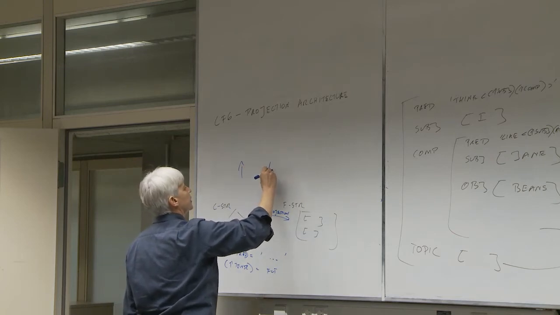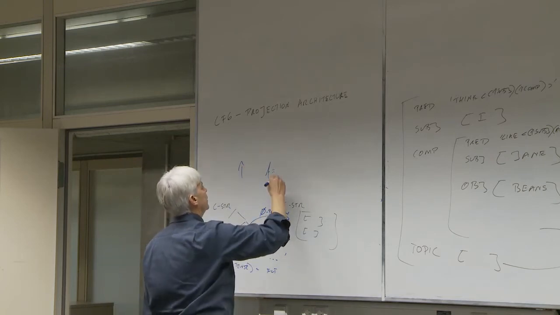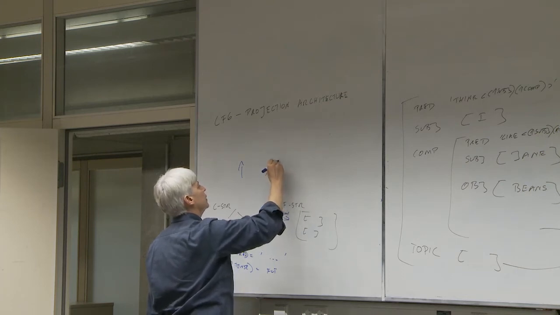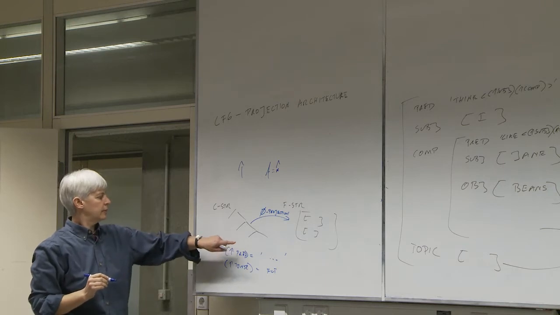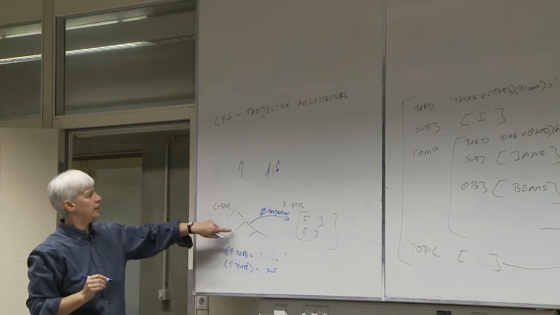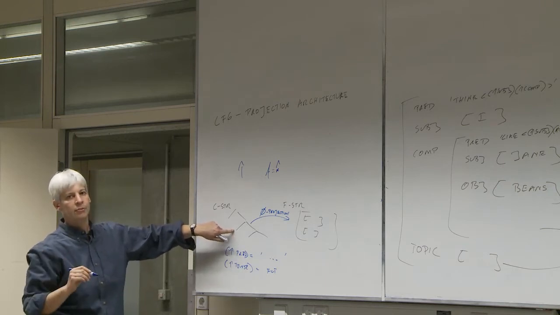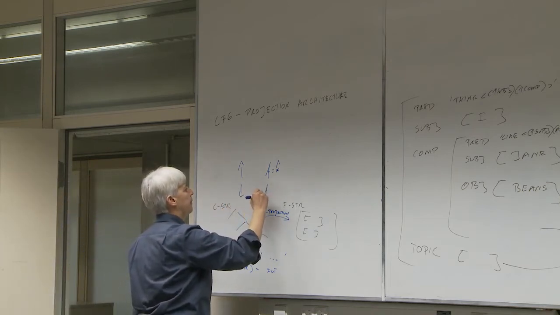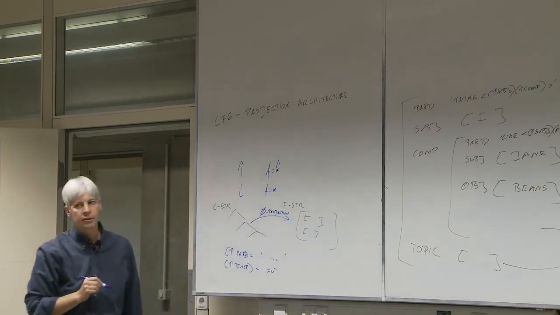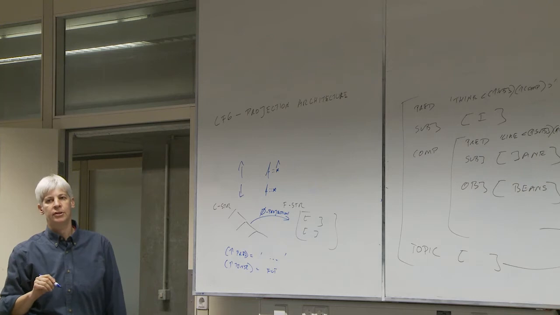For the F projection, take what's in the mother node and put it in the F projection. Okay, and this stands for the F projection, take what's on this current node and put it in the F structure. And we went through that at the beginning.